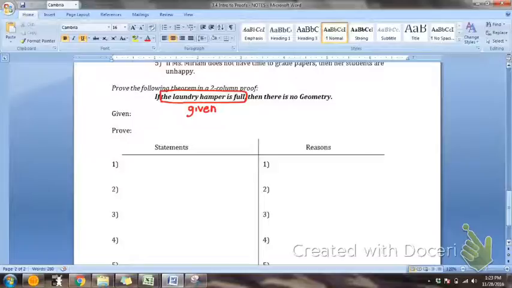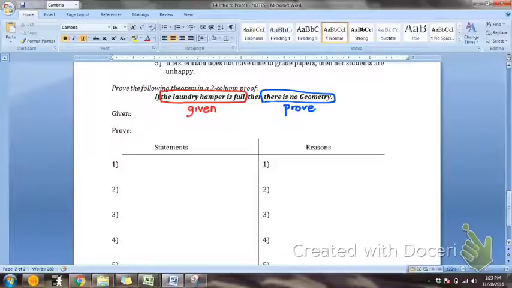Whatever comes after the word then is what we are proving. There is no geometry. This is what we are proving. So whatever comes after if is always the given. Whatever comes after then is always the prove.